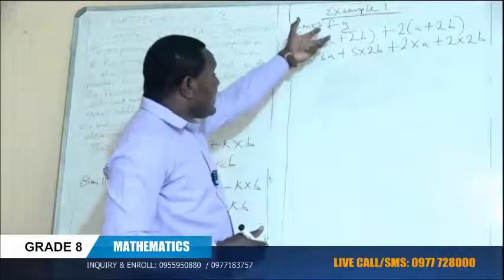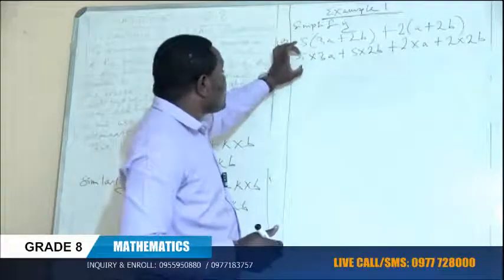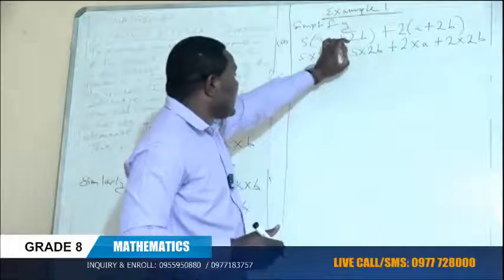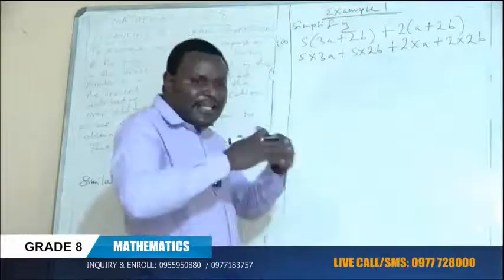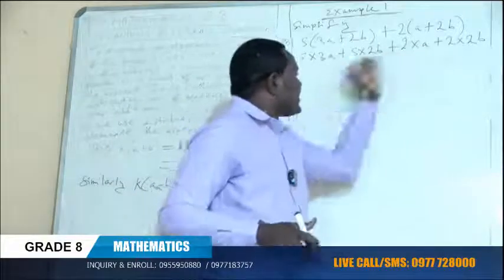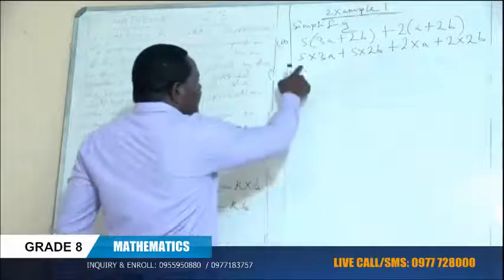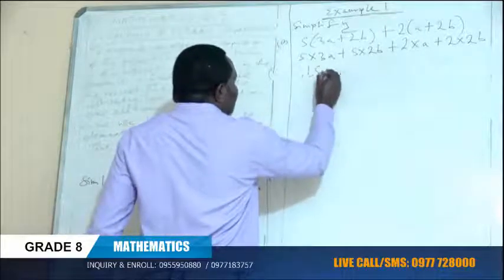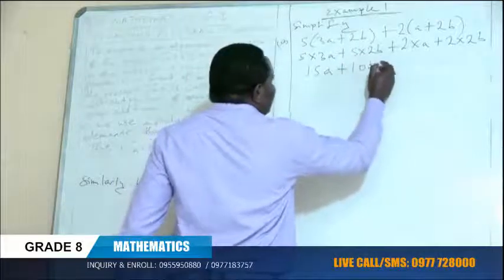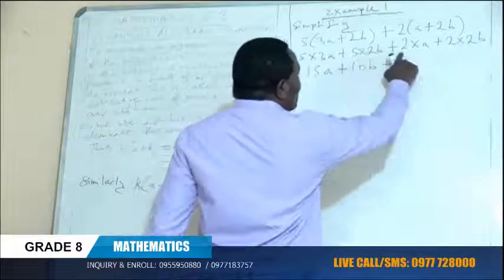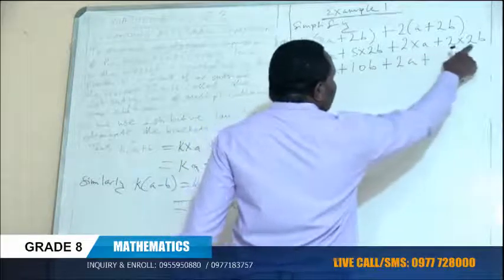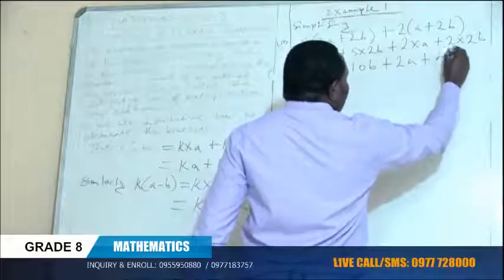We have eliminated the brackets, and in the second step you cannot see any brackets. So we proceed. 5 multiplied by 3a is 15a, plus 5 multiplied by 2b is 10b, plus 2 multiplied by a is 2a, plus 2 multiplied by 2b is 4b.